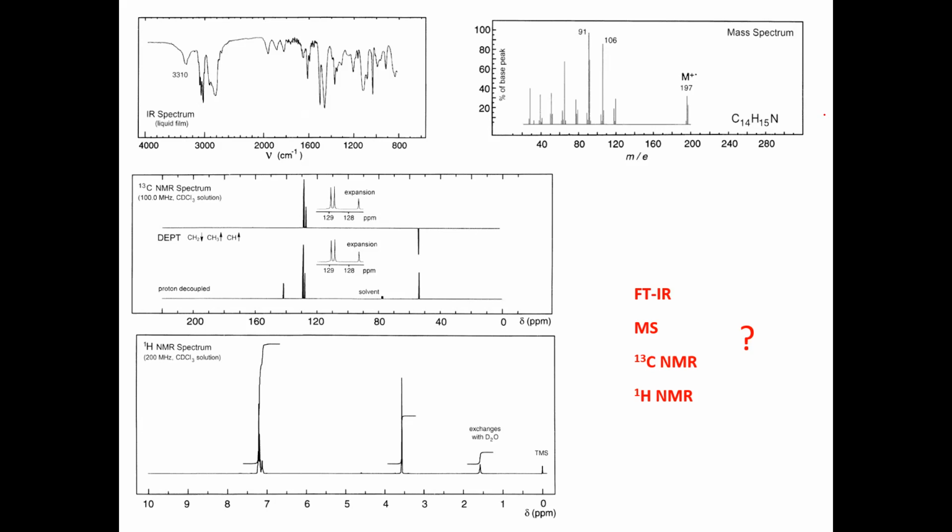Carbon 13, number of carbons. Remember, proton NMR and carbon NMR, you start from the number of carbons and number of proton environments. Let's start with carbon 13. What do you see? Confirmation that it's aromatic.